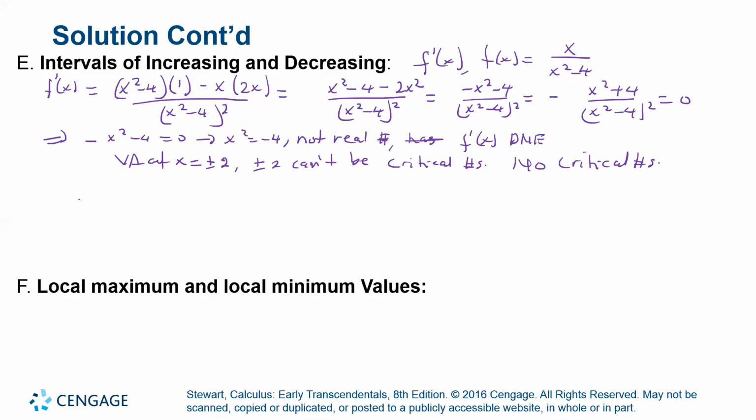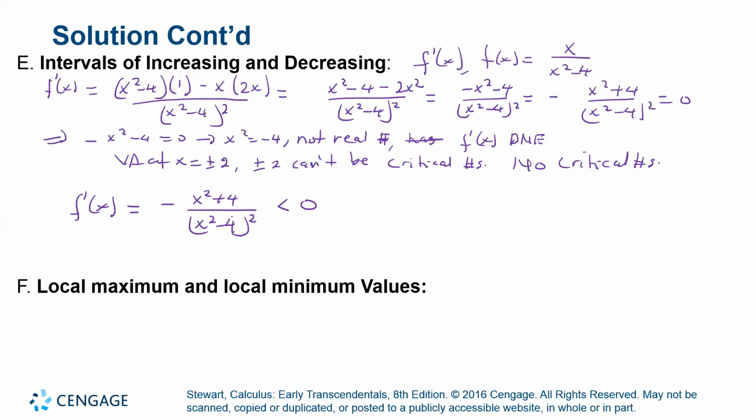So do you say that the function doesn't increase or decrease? Well, now notice f prime of x is actually minus x squared plus 4, divided by x squared minus 4 all squared. Now this is going to be negative.